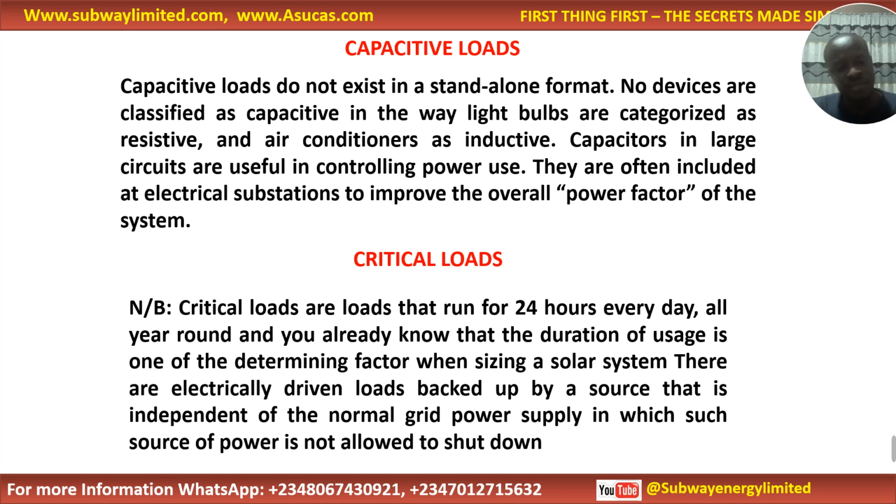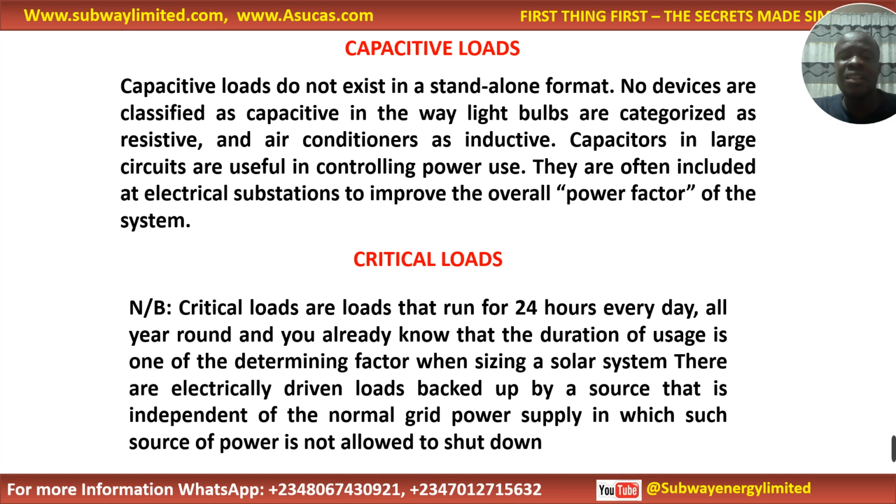So note, critical loads are loads that run for 24 hours every day, all year round, and you already know the duration of usage. That is one of the determining factors when sizing a solar system. So these loads run for 24 hours, and you know the effect that the duration of usage plays when you are sizing your solar system.